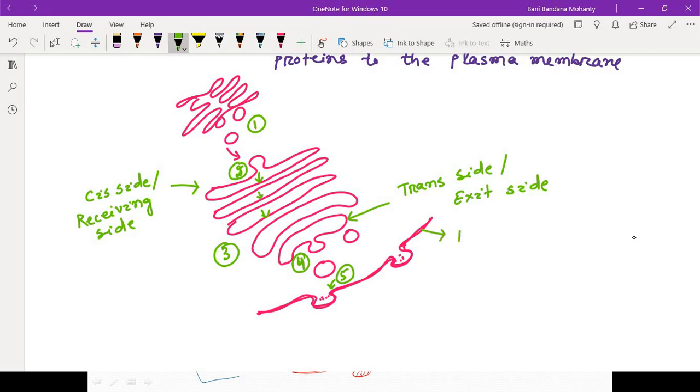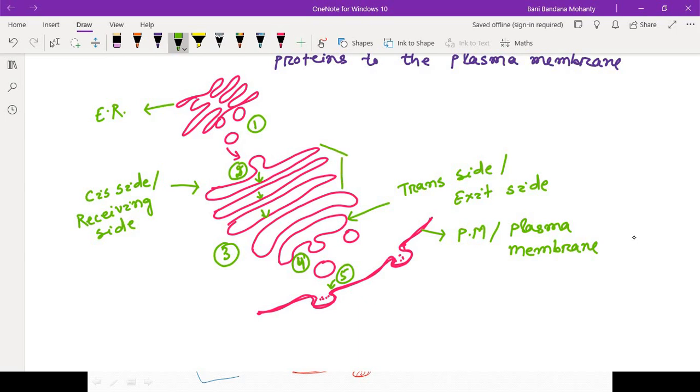This is PM or plasma membrane. This one is the endoplasmic reticulum, I am writing it ER, ER for endoplasmic reticulum.